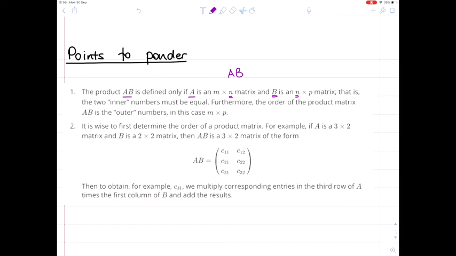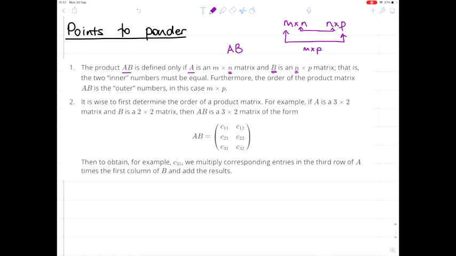So anytime you get given two matrices, you need to check, if you write out their orders as m by n and n by p, that the inner two numbers are the same. And once you've done that, the result is going to be an m by p matrix. So we'll see that in a moment.